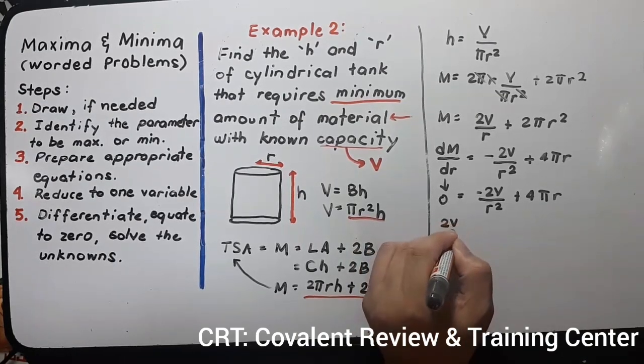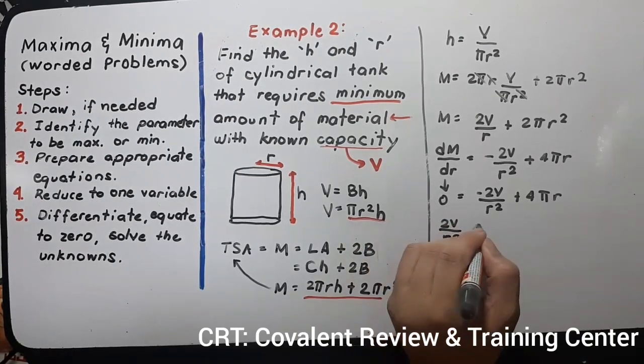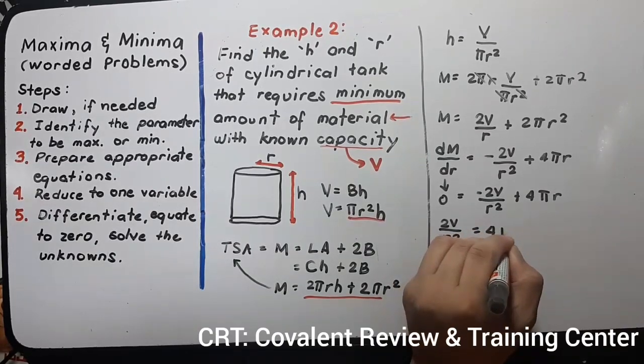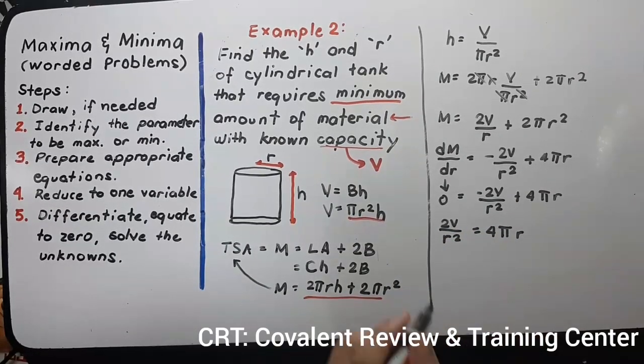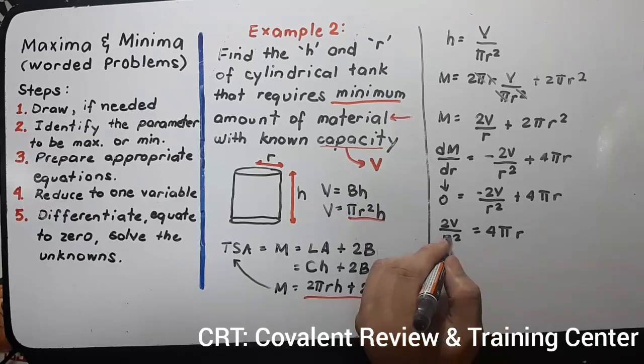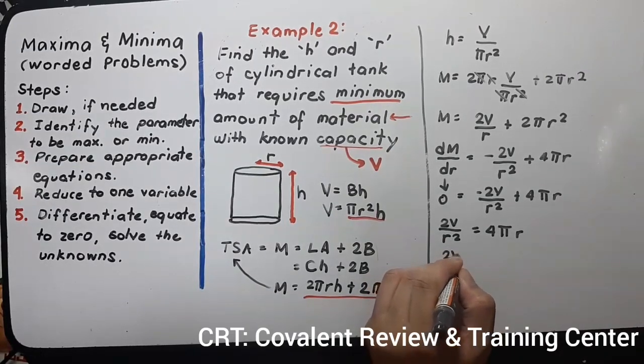So this will become 2v over r squared equals 4 pi r. So let us perform cross multiplication.